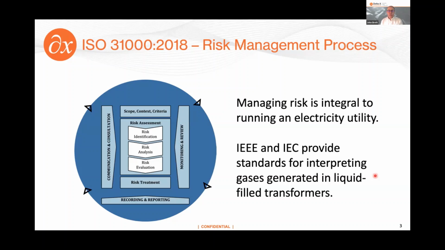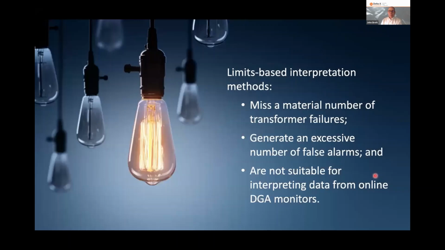IEEE and IEC provide standards for interpreting gases, as I'm sure you all know, based on feedback from lots of transformer experts, people who have a lot of experience in the field. But they're limits-based methods, and they've worked for a long time in helping identify a lot of problems, but they still miss a material number of failures.